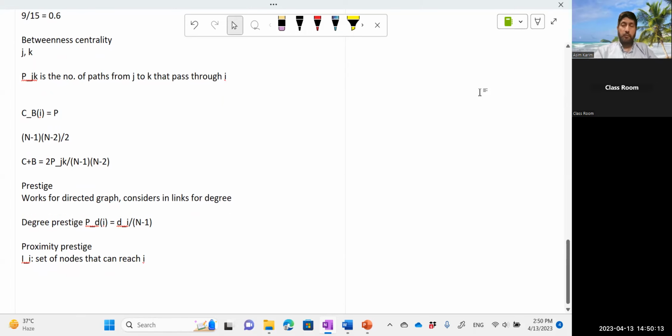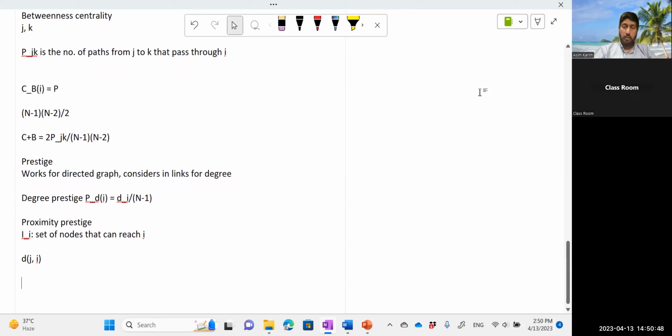Of course, for the set of nodes that can reach I, you also have to consider their distances. So proximity prestige also considers their distances. This is the distance from j to I. Remember, this is directed distance now, coming from j to I. What is the average distance of all nodes linked to I?